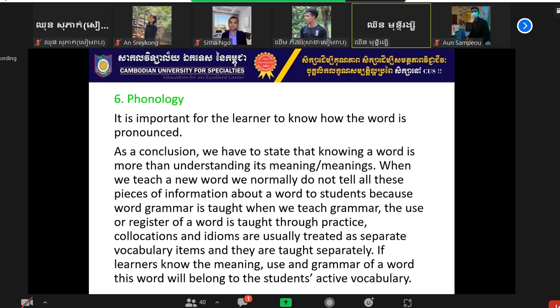Vocabulary items are tied separately. If learners know the meanings, use and grammar for a word, this word will belong to the students' active vocabulary.